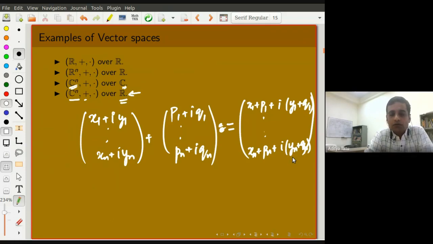So add corresponding components. All of these additions are just real number additions. I'm using the field addition in order to define this operation.